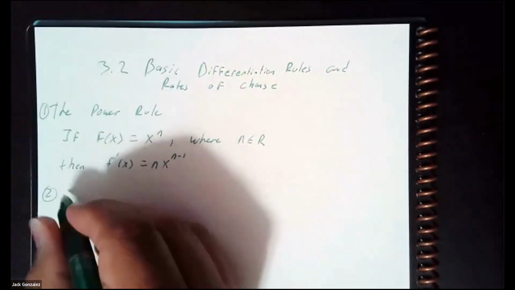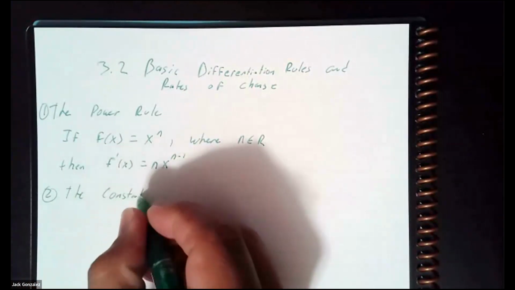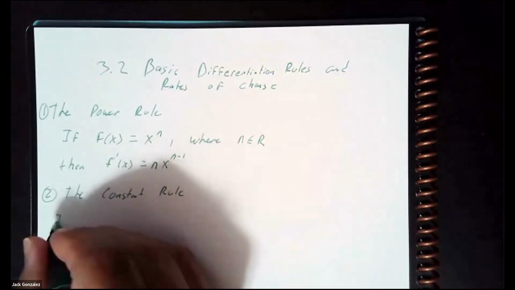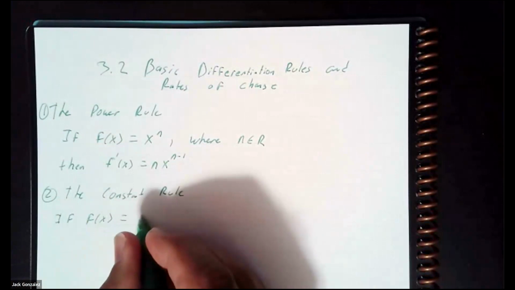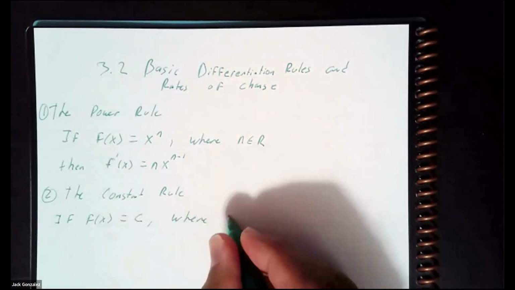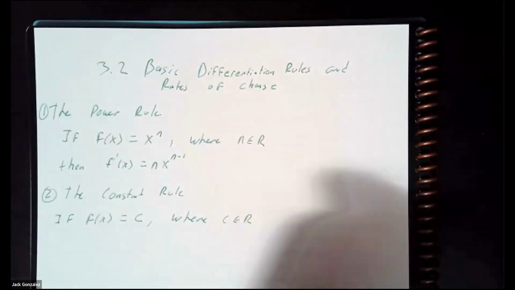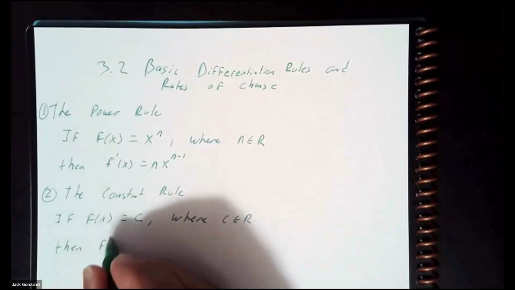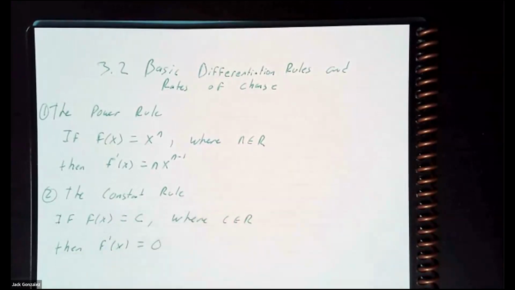Number 2, constant rule. If f of x is equal to c, where c is an element of the real numbers, in other words, a constant, then the derivative of a constant is equal to 0 for any number.